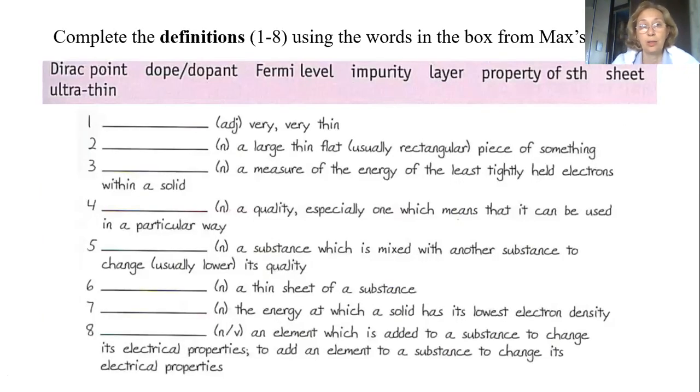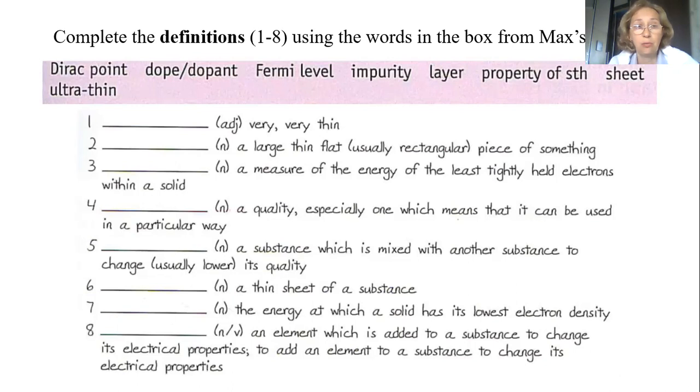Okay, and so you see here that first, before we start reading Max's paper, we need to understand some specific words related to this topic. Here we have the definitions, and we should complete the definitions with the words from the list. Dirac point.